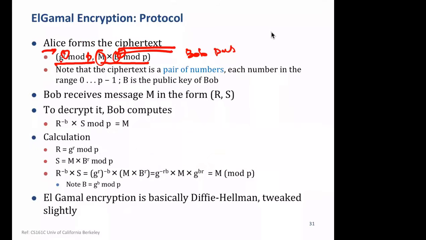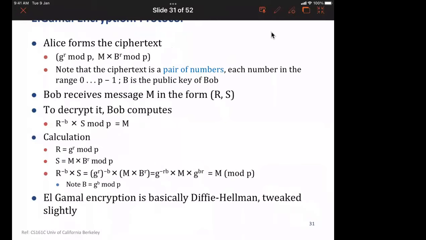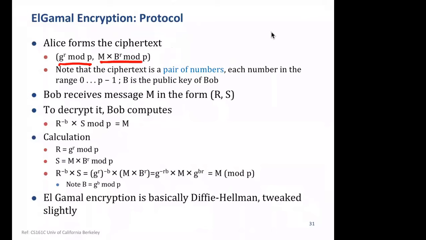Now Bob receives this one. So this is what Alice sends. It's a pair of numbers, right? It's in this form, R and S. Bob receives just two numbers. Bob doesn't know all these calculations, right?